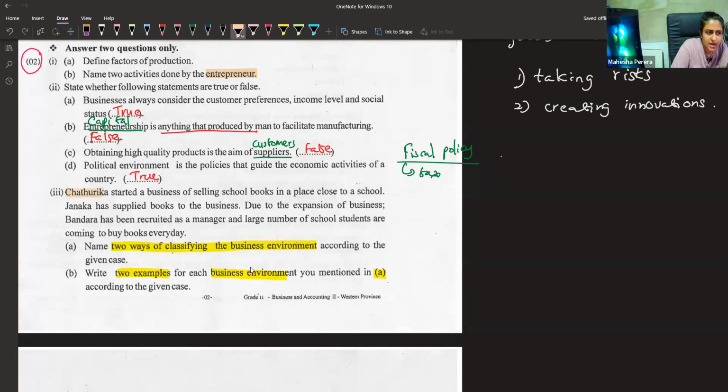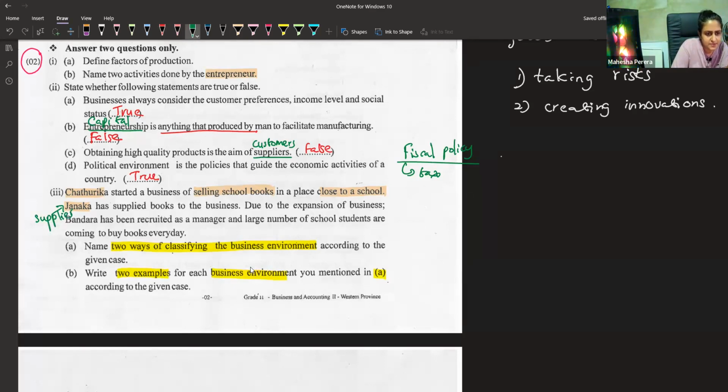Chaturika started a business of selling school books in a place close to a school. Right, that is an opportunity. Janaka has supplied books to the business. So Janaka is a supplier, no? Right. He's a supplier. Let's note that. This is the supplier.